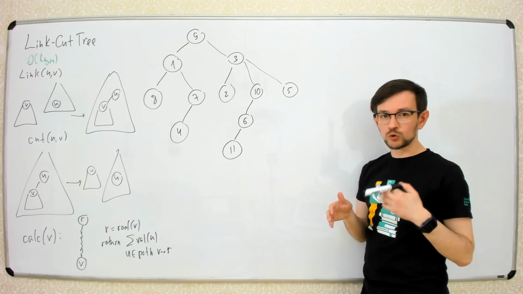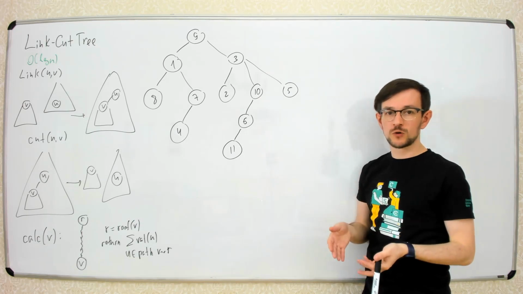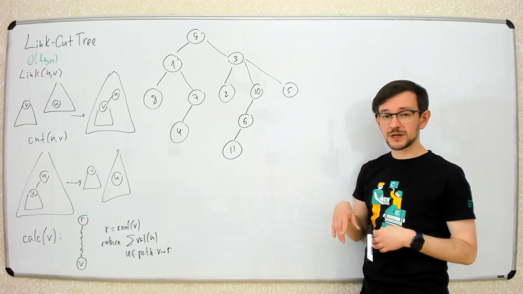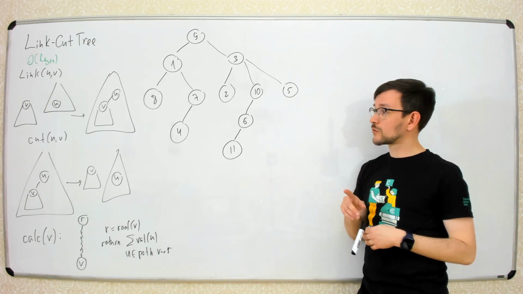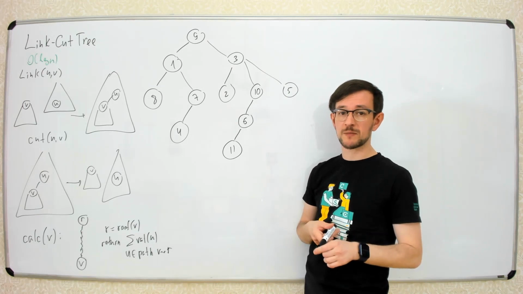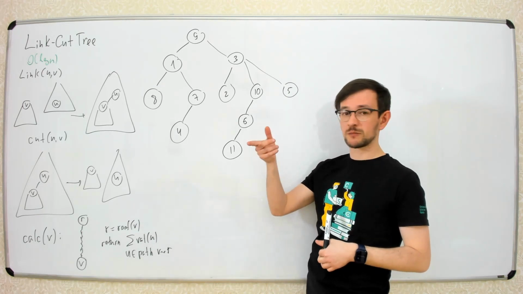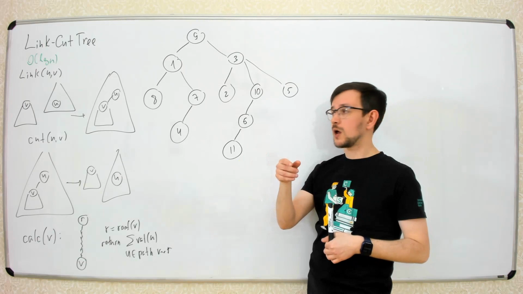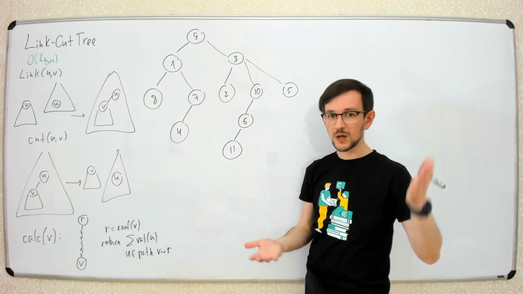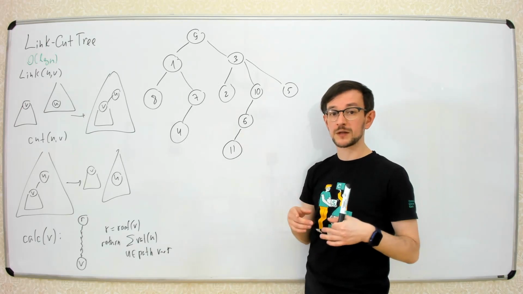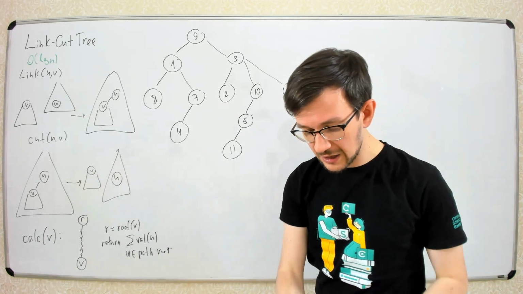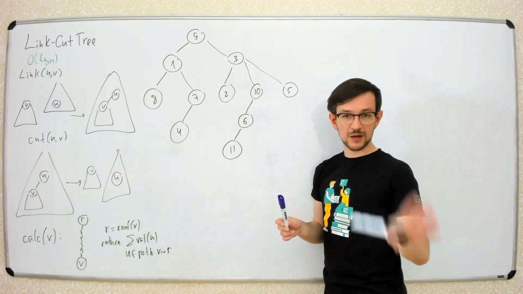What we'll try to do is to make a decomposition of this tree. We'll decompose this tree into some paths, like in heavy-light decomposition. But instead of maintaining special properties like in heavy-light decomposition, we declare some edges heavy. In this data structure, we will not care about any constraints.